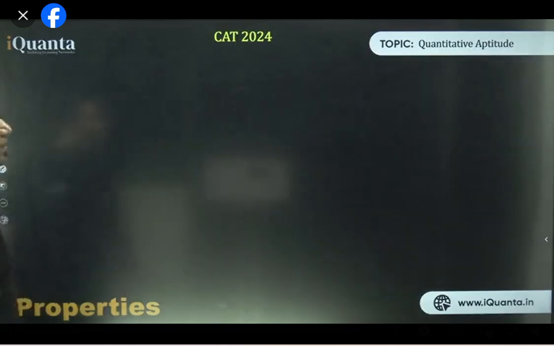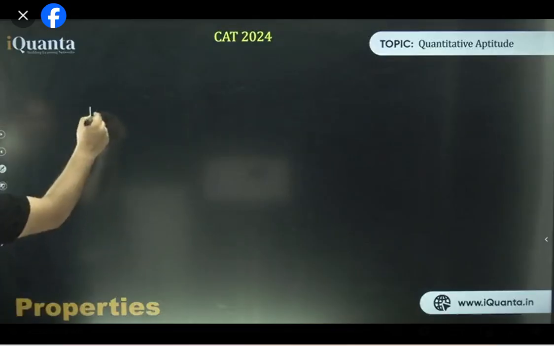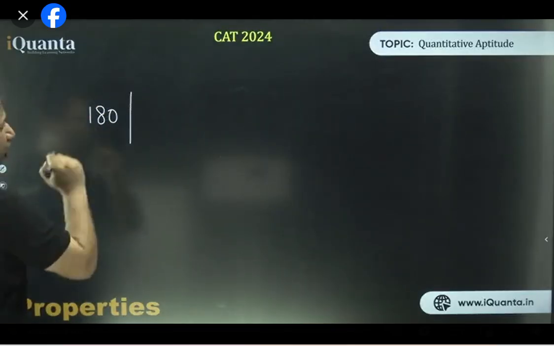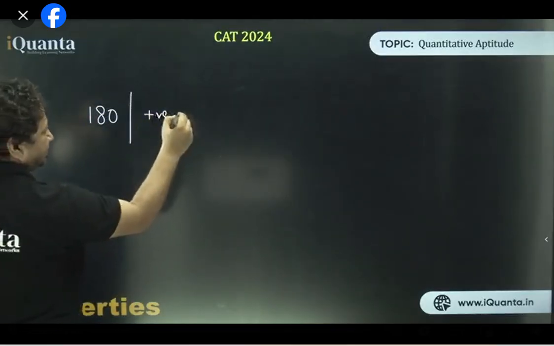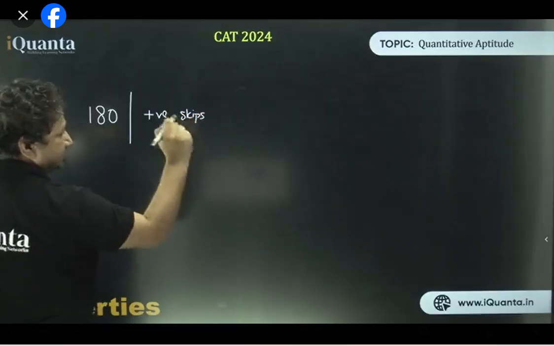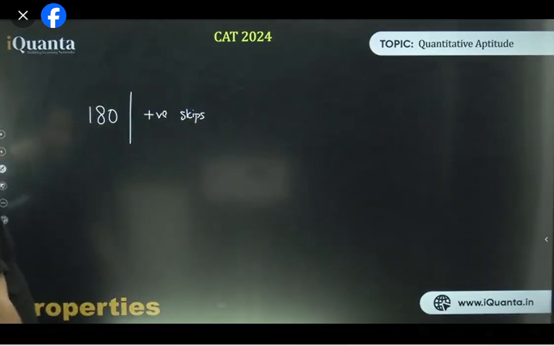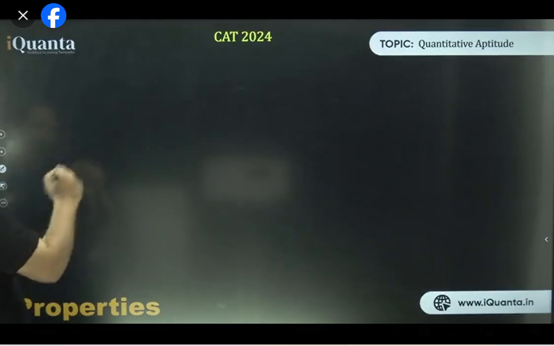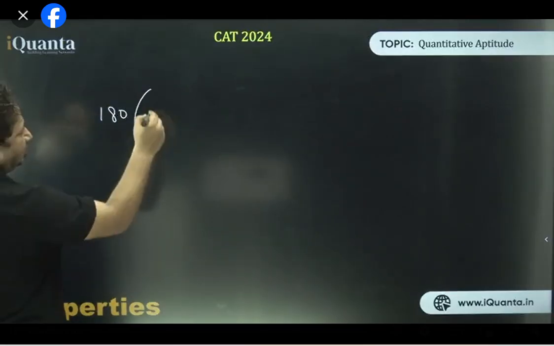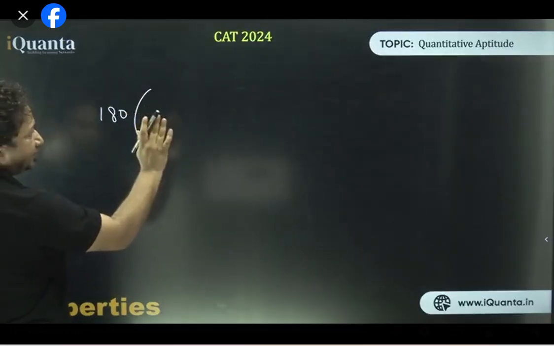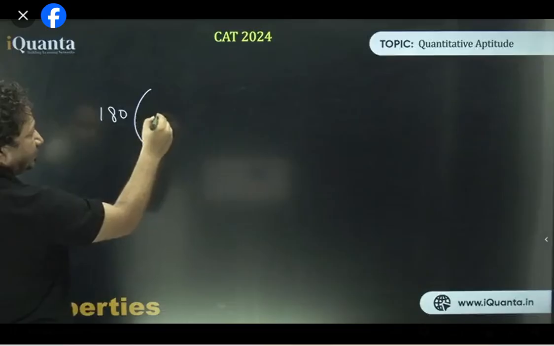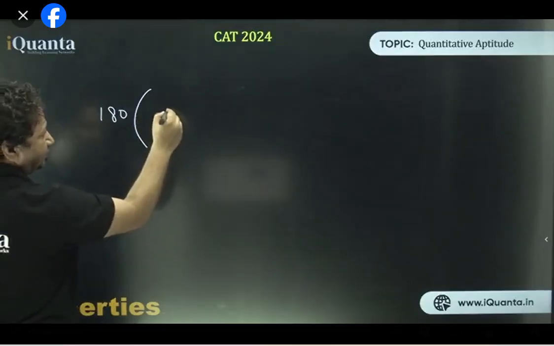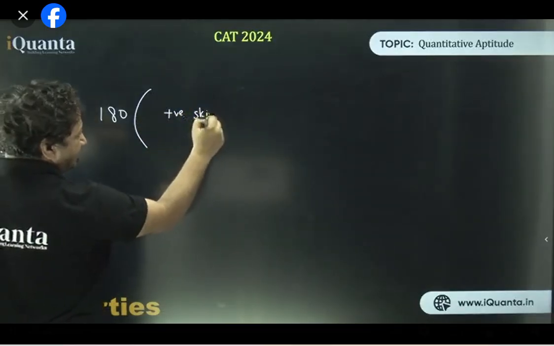Let me generalize this. The answer to any question of a star is 180 degrees times the modulus of positive skips minus negative skips. Wait. 180 times, inside the bracket, the modulus of positive skips minus negative skips.